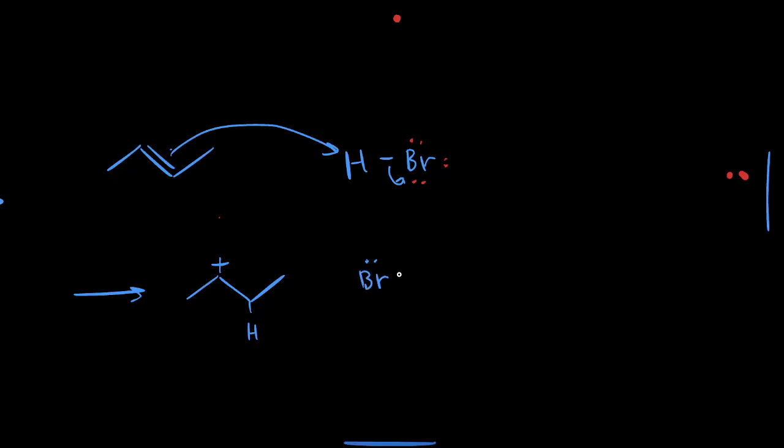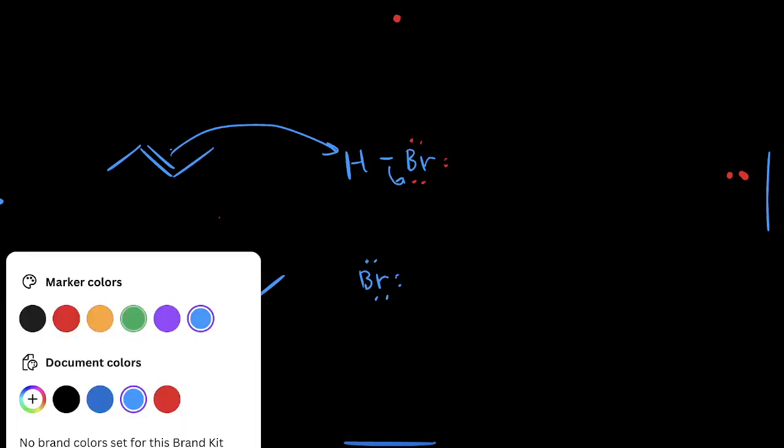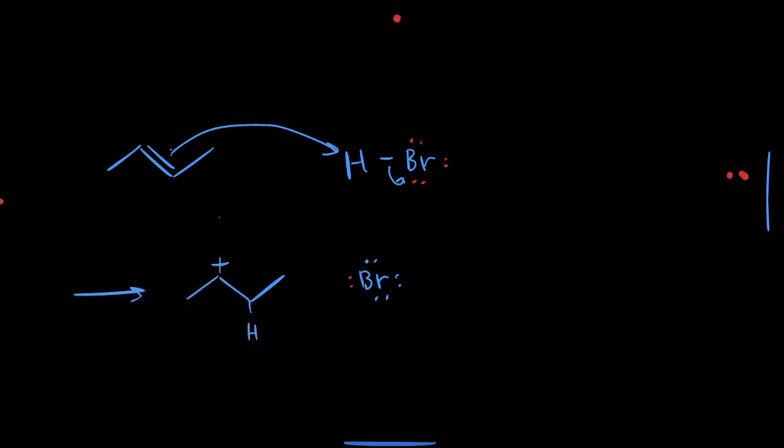This bromine is going to have 3 lone pairs, plus the other one in red, so we're going to have 4 lone pairs, as opposed to the 3 lone pairs that we had before. This 4th lone pair is going to impose a -1 formal charge on our bromine.